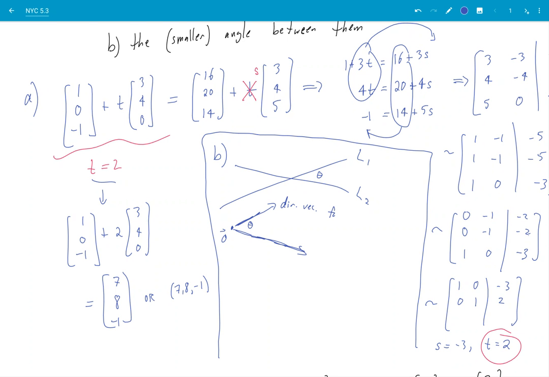So what am I saying here? I'm saying that the angle between these lines is the angle between this direction vector and this direction vector.